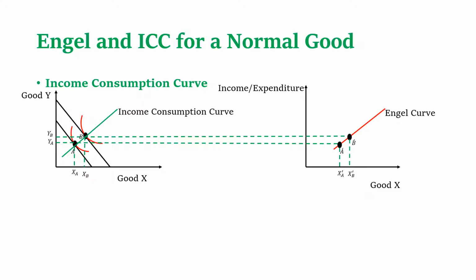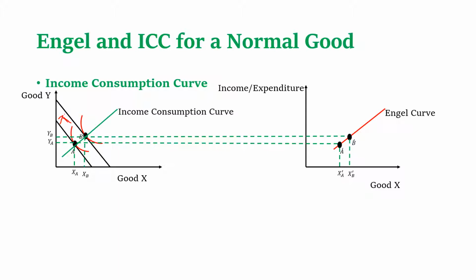If we look at the budget line here, this is the original budget line, right? The original budget line is this, and then it shifts to the new budget line, right?